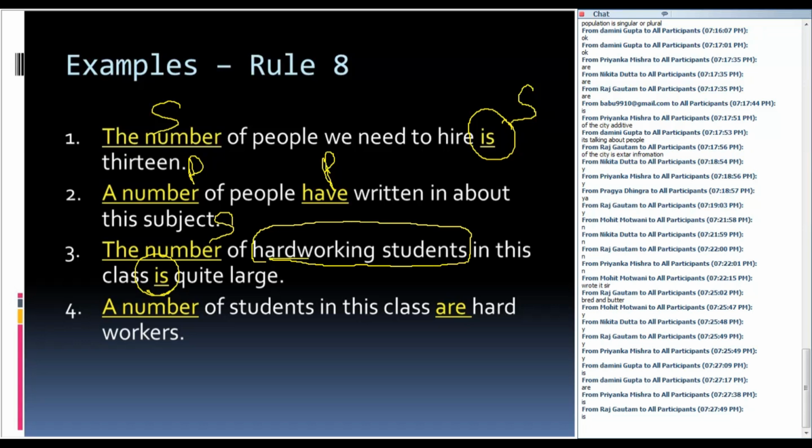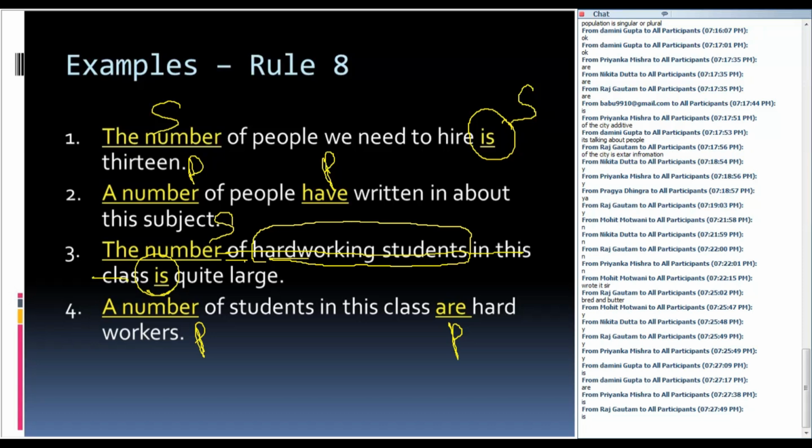But see, it is an "of" construction, which means that I'll have to ignore all this. A number of students in the class are hard workers, which is plural. So whenever you have sentences with "a number," it becomes plural. Whenever you have sentences with "the number," it is singular. As simple as that. No exceptions.